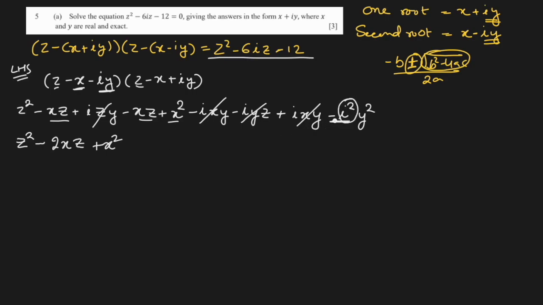I square is negative 1, so negative 1 times negative 1 will be positive 1 y square. Now we'll bring in the right hand side, which was z square minus 6iz minus 12.